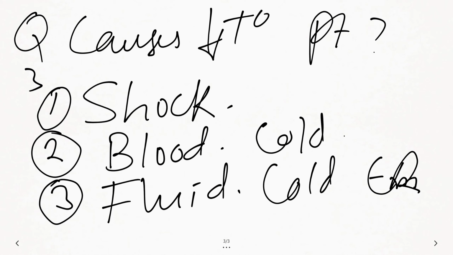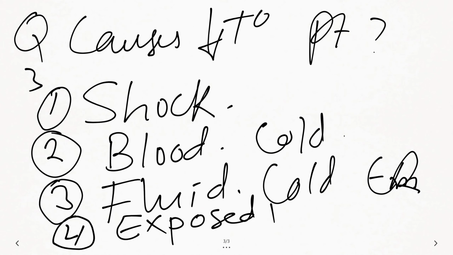And you can add another factor here, because this patient most probably developed hypothermia intraoperatively. You want to add that this patient had laparotomy, so he had exposed viscera, right? His abdomen is outside. They opened everything inside. It is laparotomy, right?